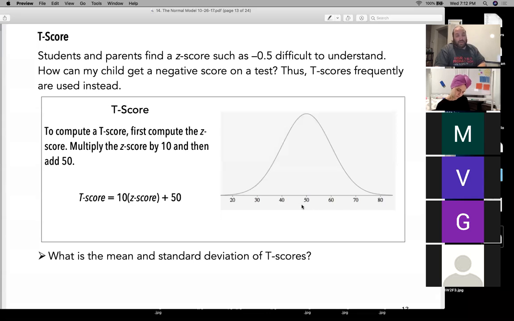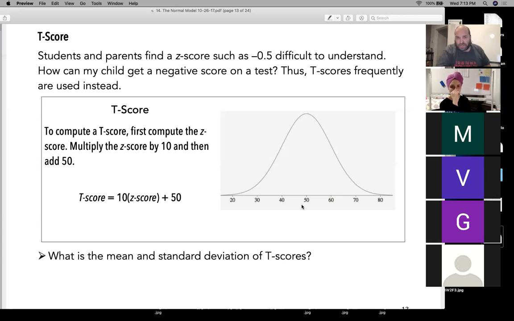The next question is, what is the standard deviation of the t-score? Well, if you look at the graph, it should be a little bit obvious. Remember, in the middle of the curve, it looks like an upside down U, and when you go further to the right or left, it eventually becomes more like a regular U. The point where we change from one to the other is 1 standard deviation out.